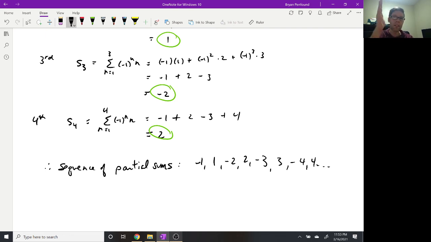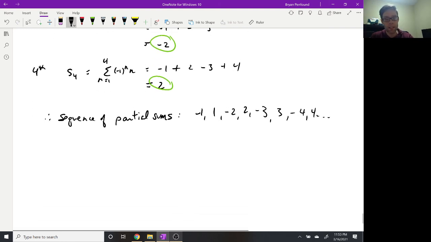So these are the sums that we're getting as we start to increase that upper bound. And you can see that as we increase that upper bound more and more, the sums that we're getting start to get larger and larger. They do fluctuate above and below the x-axis, but we get something that looks like this, right? If this is our x-axis, we're getting -1, +1, -2, +2, -3, +3.